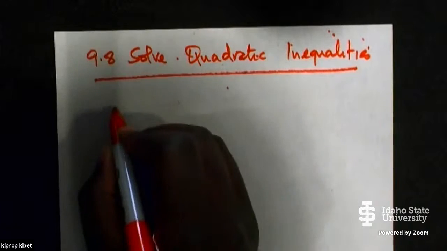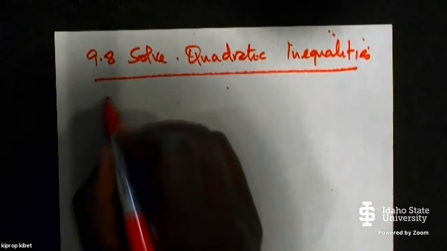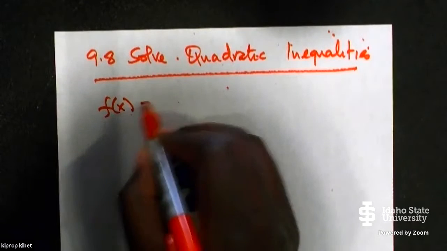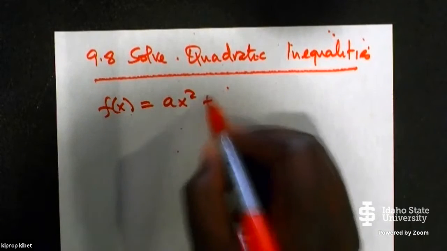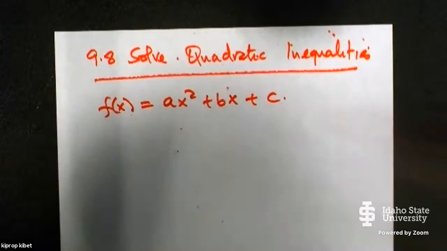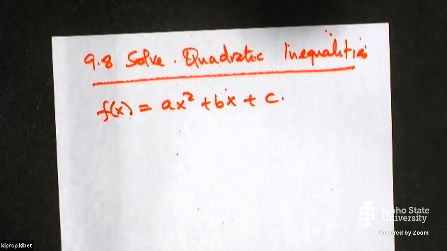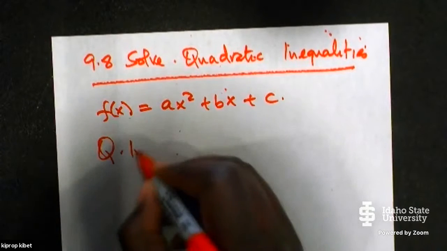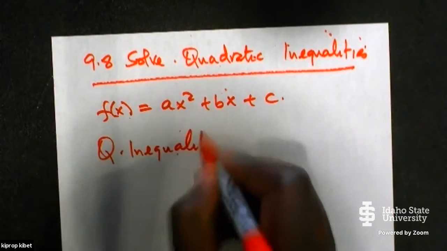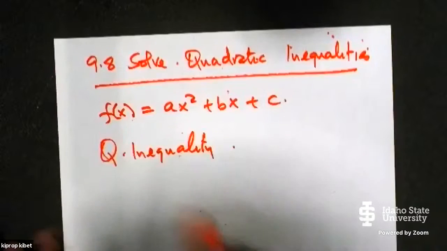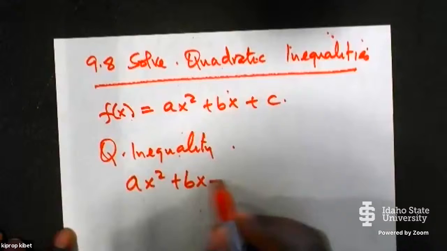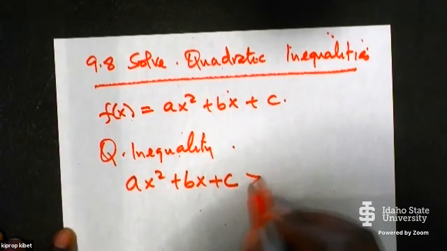So we know that our quadratic equation is like this: f of x equals ax squared plus bx plus c. Now, our quadratic inequality will now be of the form ax squared plus bx plus c is greater than 0.